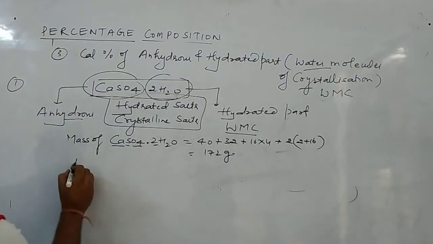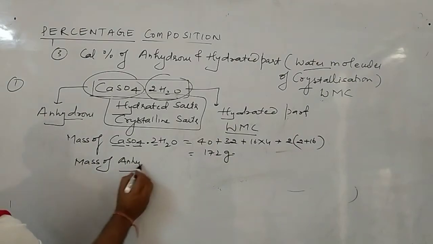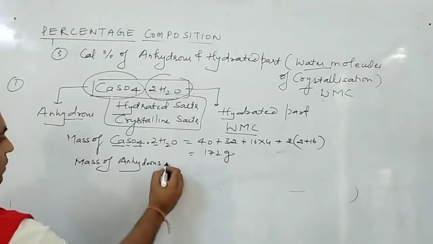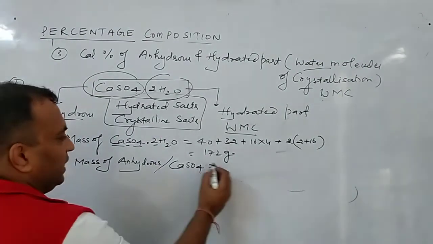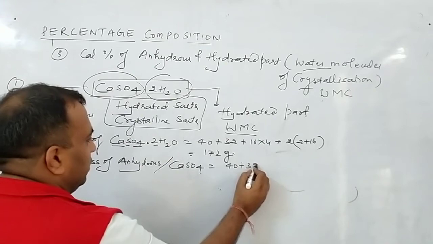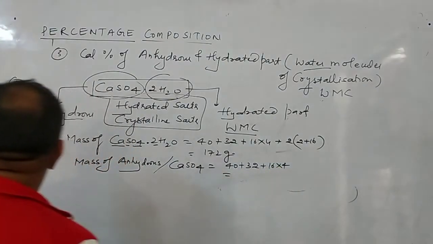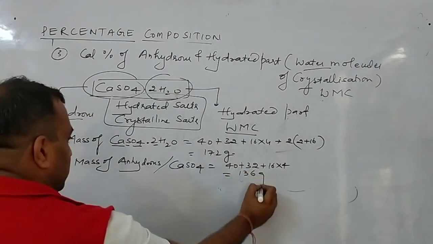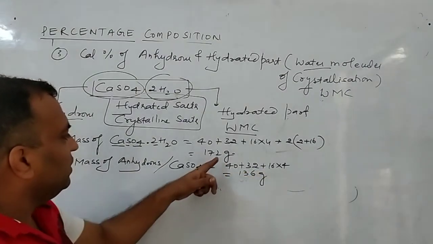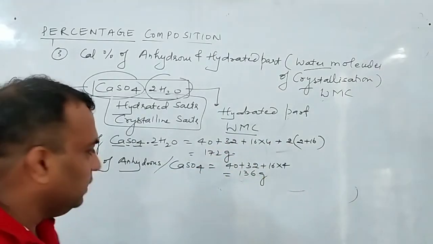Okay, now the mass of anhydrous part. Which part? Anhydrous means only CaSO4. So this will be calcium 40, sulfur 32 plus oxygen 16 into 4 comes out to be 136 gram. सिंपली माइनस ही करना, 172 में से 36 माइनस कीजिए, 136 डायरेक्टली आ जाएगा.